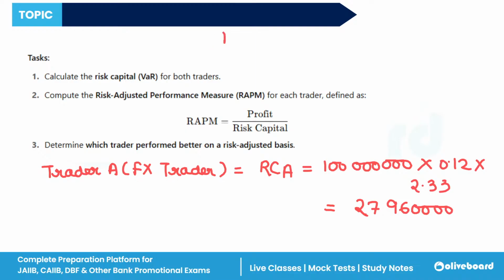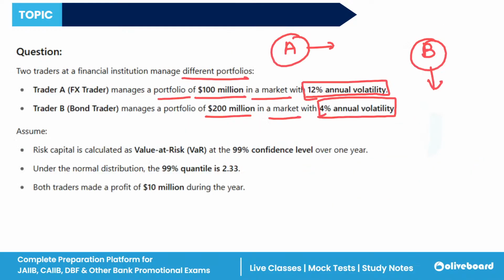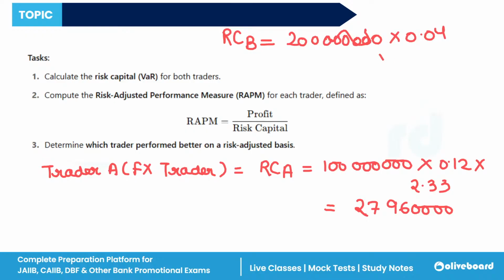Same for trader B, we have to calculate the same thing. The portfolio is about 200 million. 0.04 is the annual volatility and 2.33, which is equal to 1864000 and 0.